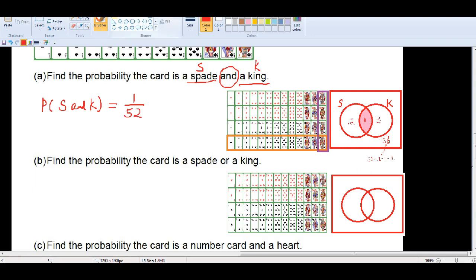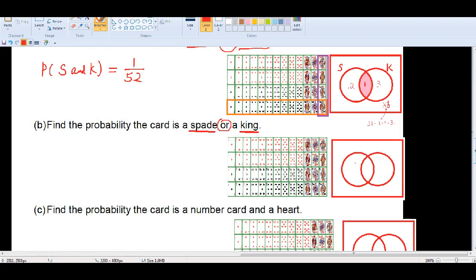Then move on to the next one, spade, king, but this time we're using OR. So when we use OR, let's fill in the numbers again because this is still the spade, king discussion. If we are talking about OR, that means either S or K or both.